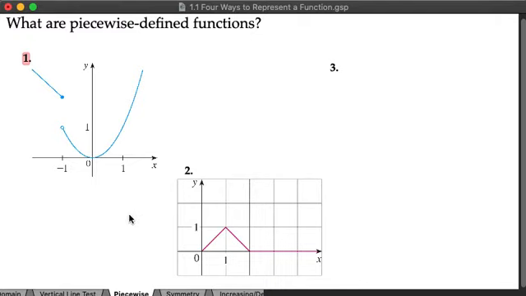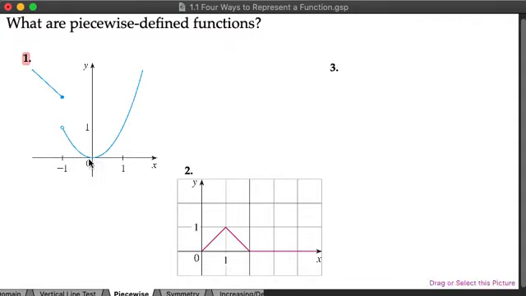So, you know, there's nothing saying that this is a different breed of function necessarily, but it's in terms of usually the algebraic definition.